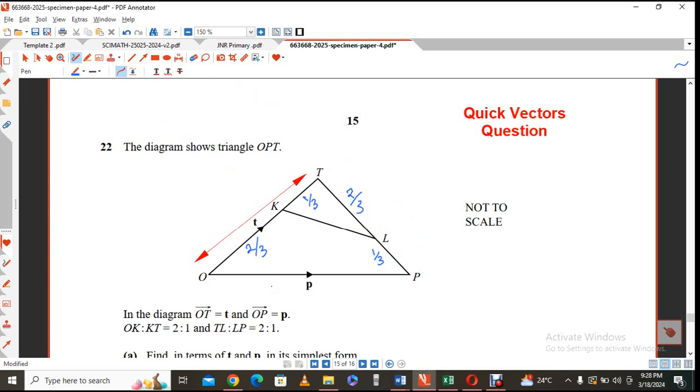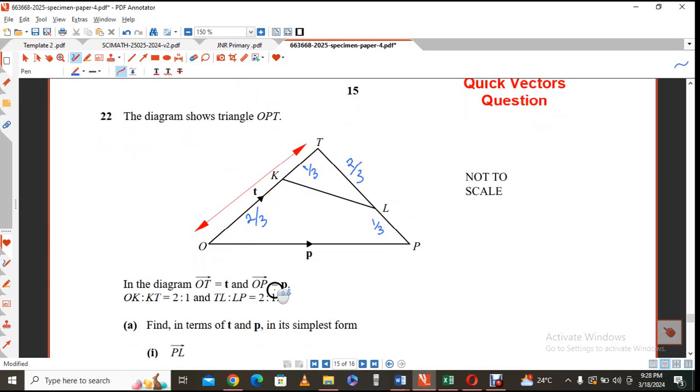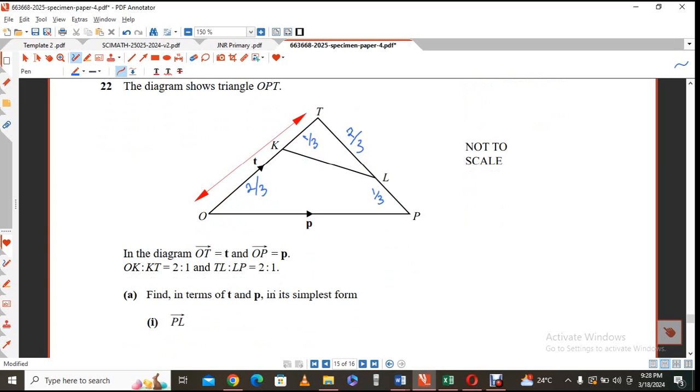Okay, now they say find in terms of T and P in its simplest form. Remember, when you are using a pen, you are not bolding, so you're going to underline those vectors represented by those letters there. So they want us to find PL, and the way you find PL, think of it as a direction that you take.